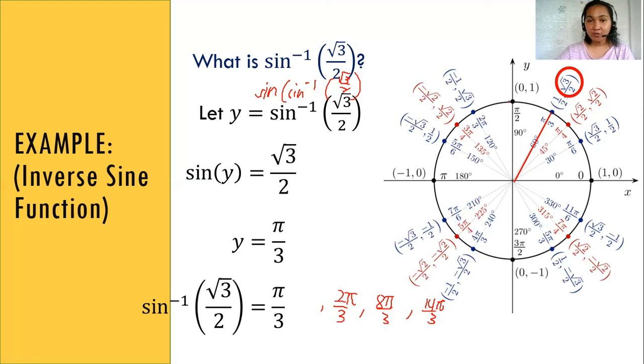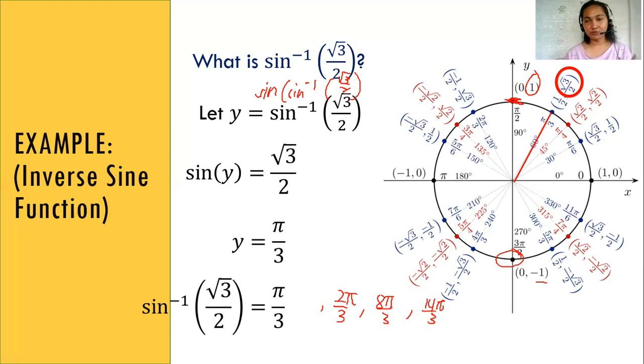So maximum of 1, we are referring to this point, and this -1 here. So if we are to find the inverse sine of, let's say, -2, -3, or +2, +3, or any number greater than 1 or lower than -1, that would be impossible for this unit circle. That will give you a math error in your calculator.